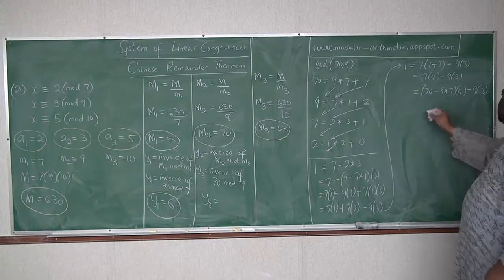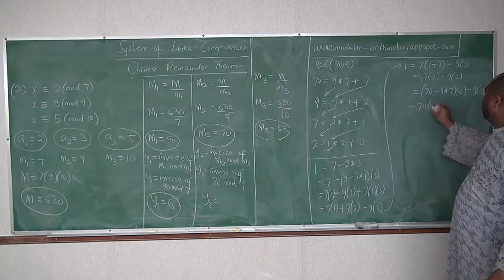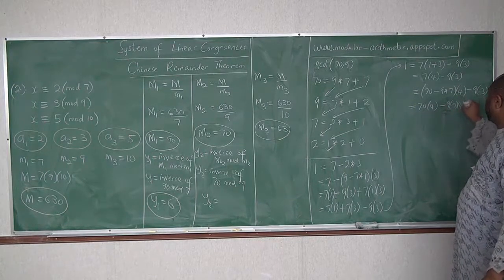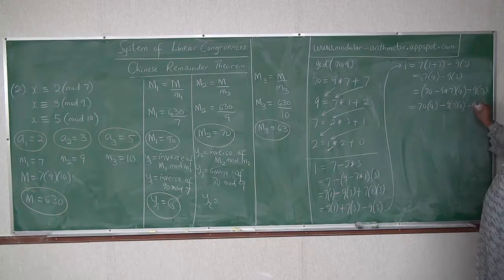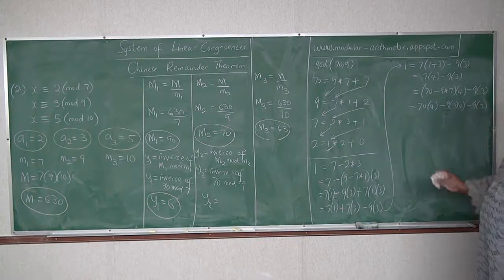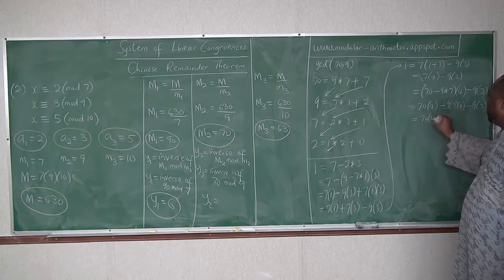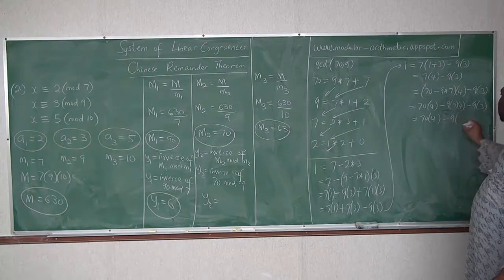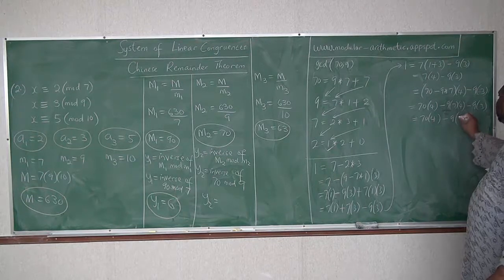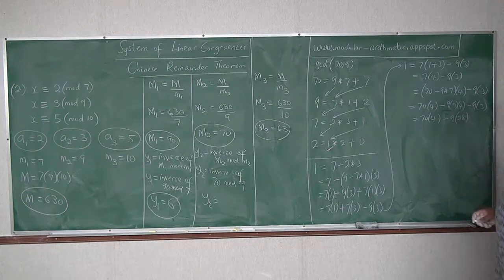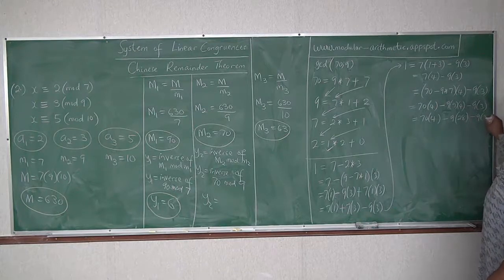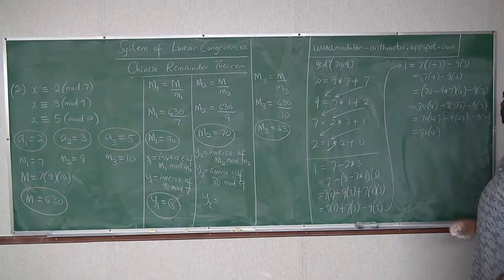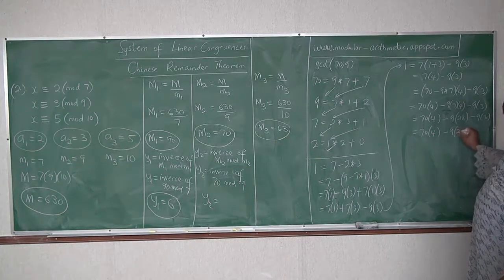So this is 70 times 4 minus 9 times 7 times 4 minus 9 times 3. So this is 70 times 4 minus 9 times 28 minus 9 times 3, which is 70 times 4 minus 9 times 28 plus 3.